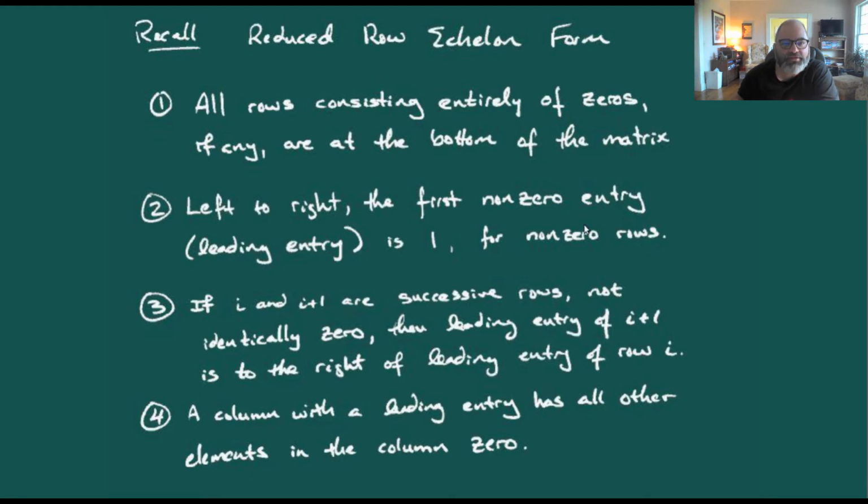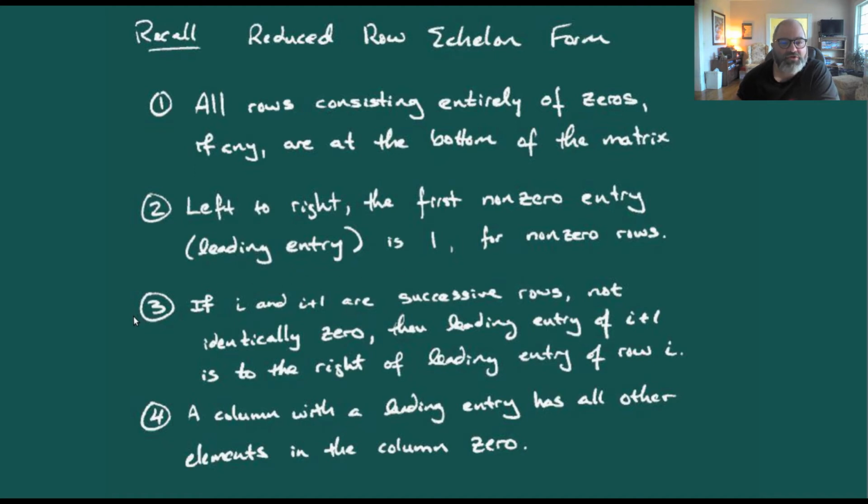Just to remind us of what it took to be in reduced row echelon form: all rows consisting entirely of zeros, if we had any at all, had to be at the bottom of the matrix. If we look from left to right for any non-zero row, then the first entry, which we'll call a leading entry, has to be 1 for that row.